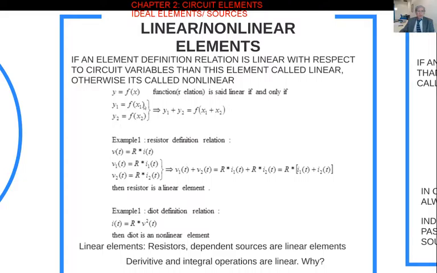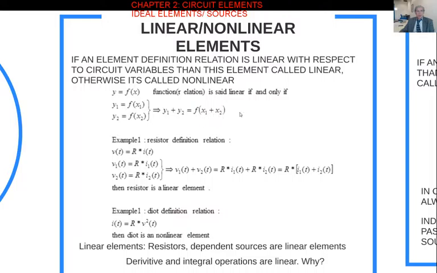So we are saying if we apply x1 plus x2 to this function and find that the summation of the individual input-related outputs is equal to this one, then it is called linear.